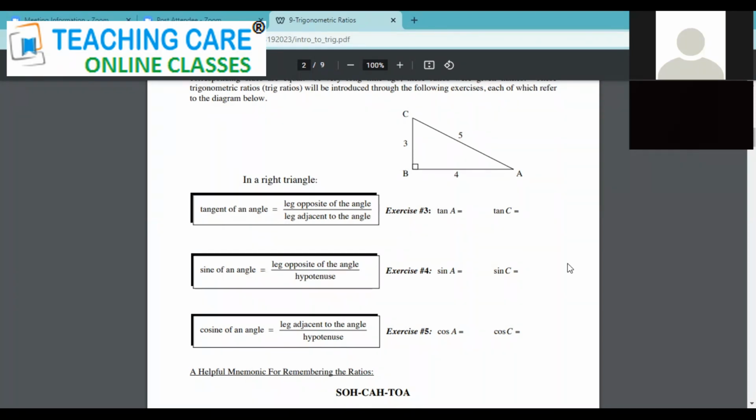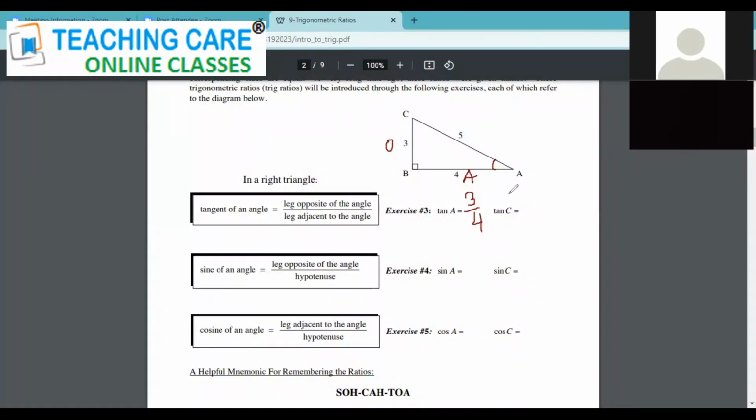No, angle A I'm asking. Opposite side first, mark the values. This is opposite, this is adjacent. So 3 out of 4. What about tangent of C?